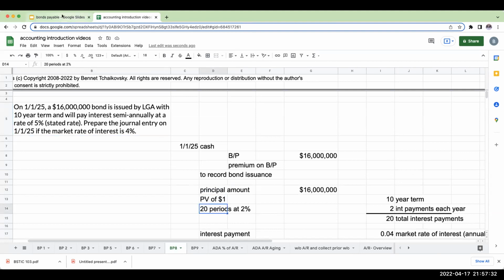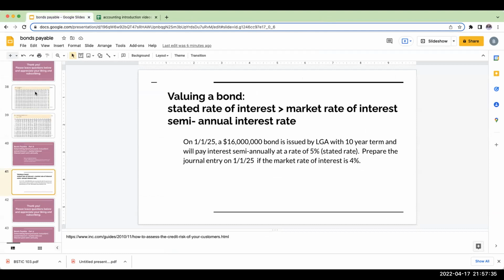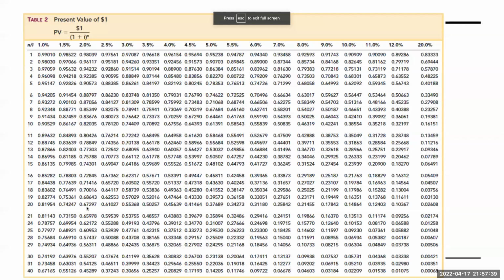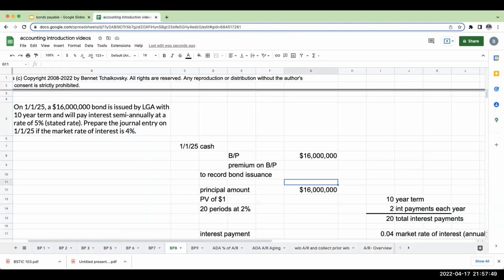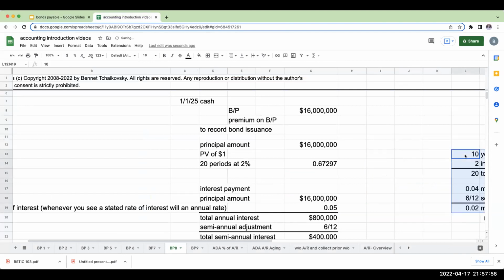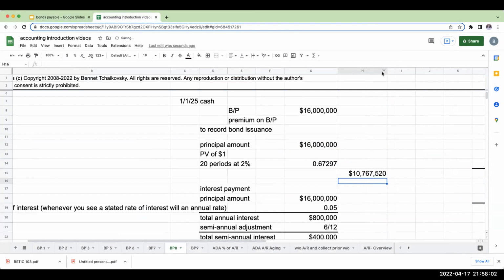So let's go ahead and go to the tables. Here, I'm going to have 20 periods at 2% for the present value of $1, or 0.67297. So when I multiply 16 million by 0.67297, I'm going to get roughly 10,767,520.